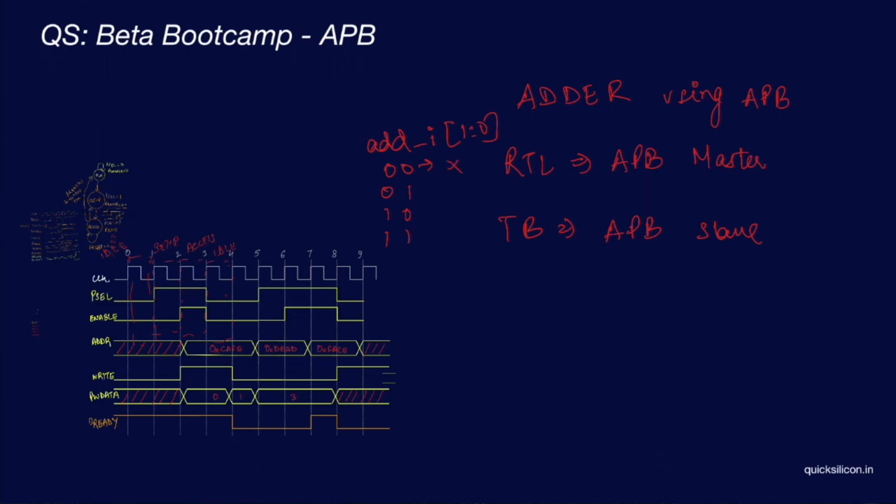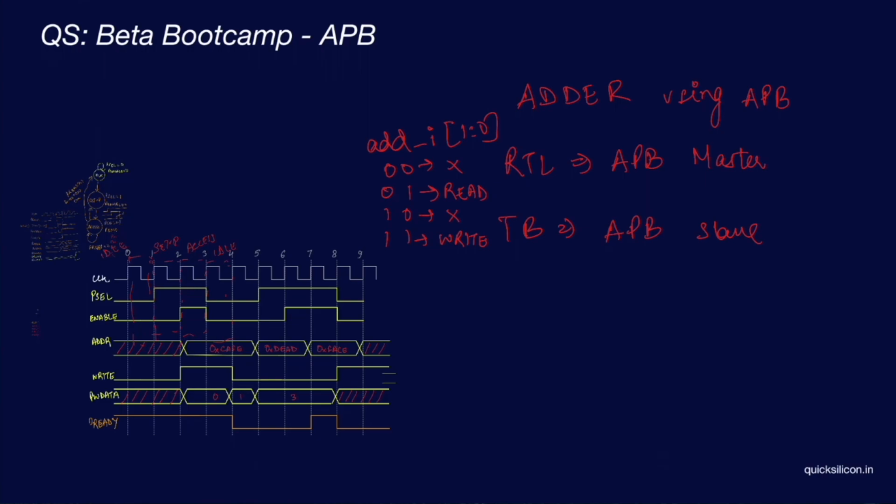When it is 0 1, you would perform a read operation, and when it is 1 1, you would perform a write operation. And when it is 1 0, again this is not a valid scenario, so you will not do anything.